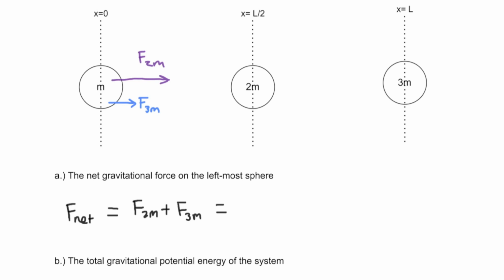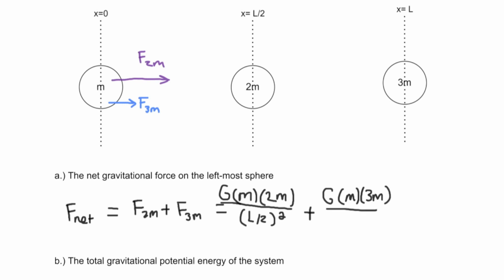Well, we have the left mass is M, and it gets attracted to the 2m at a distance of (L over 2) quantity squared. And then we have the mass M being attracted to the 3m, a distance of L away.